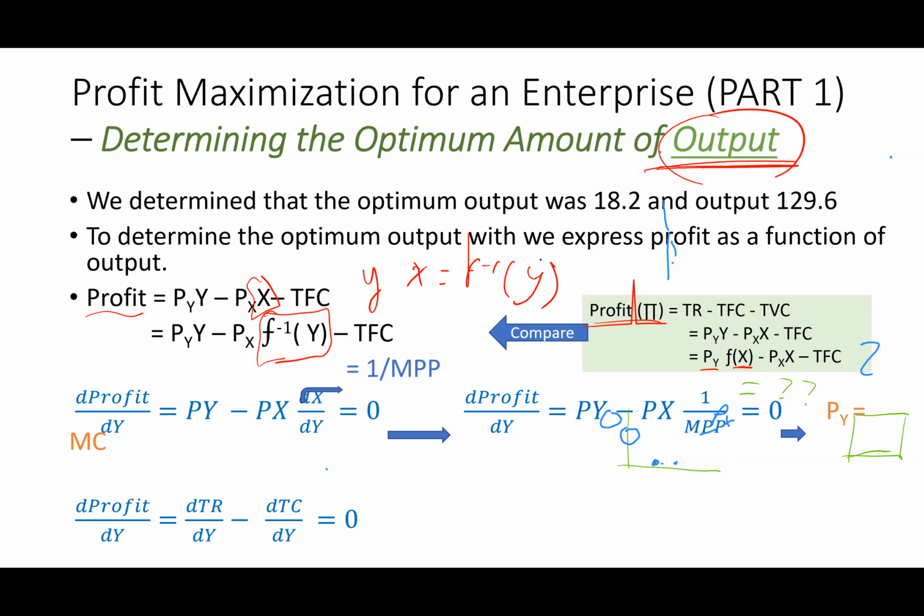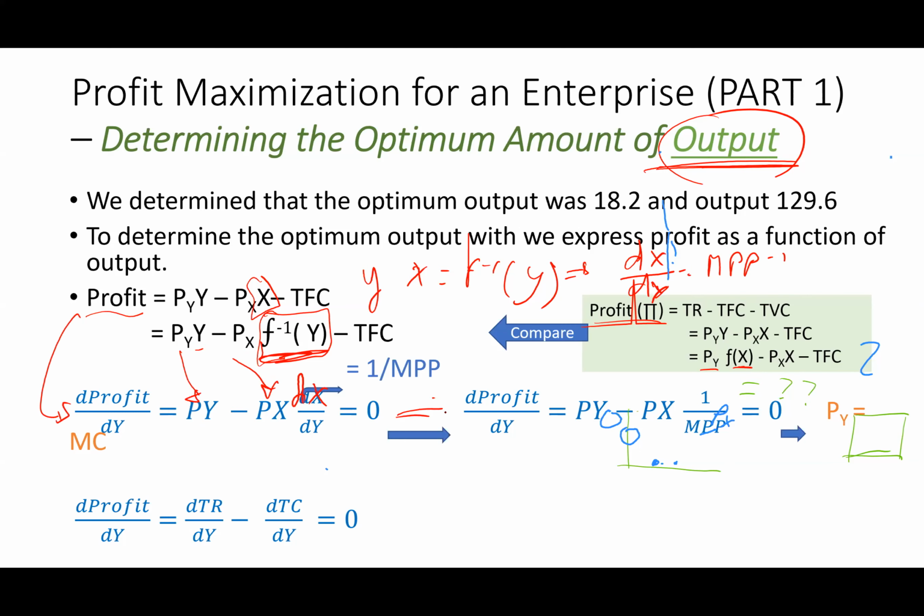So the derivative of dx with respect to dy, we can see that this is the inverse of the marginal physical product. When we derive this function with respect to y, it is py minus px times the derivative of the function, which is dx divided by dy.